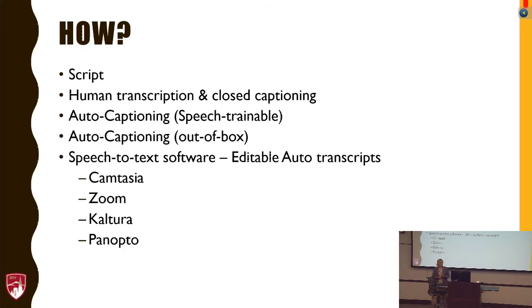A lot of these video services, like Panopto, we use Panopto and we have Kaltura now at the university. The law school uses Panopto. You can upload a script to your videos on Panopto and it will have a script. You can pay, and this is why I say it's costly, to have human transcription and closed captioning.